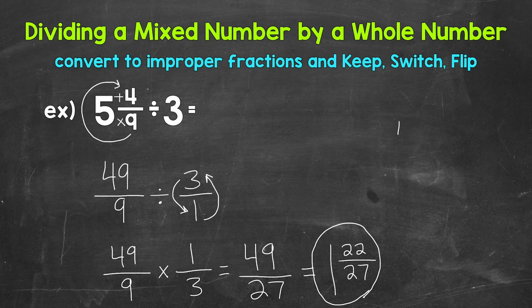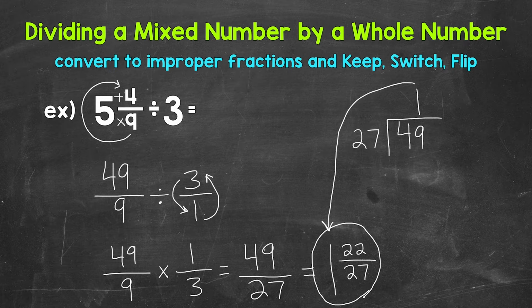So we divided the numerator, 49, by the denominator, 27. So 49 divided by 27. How many whole groups of 27 in 49? Well, 1. That is the whole number of our mixed number. 1 times 27 is 27. Subtract.